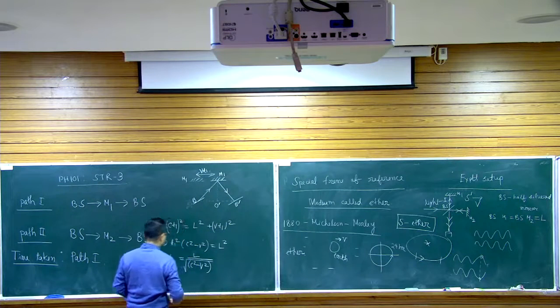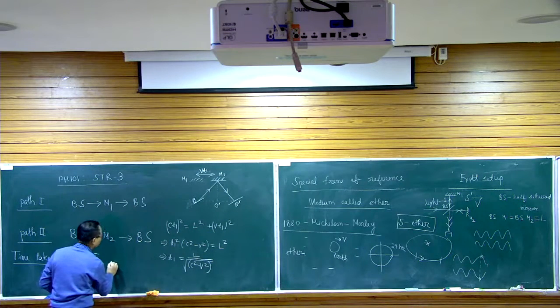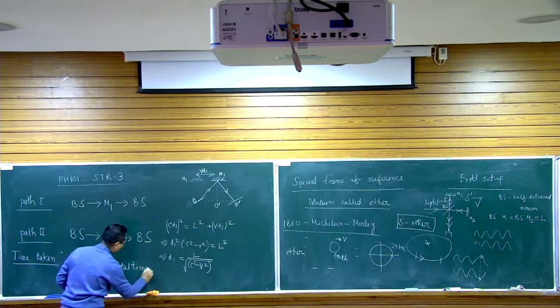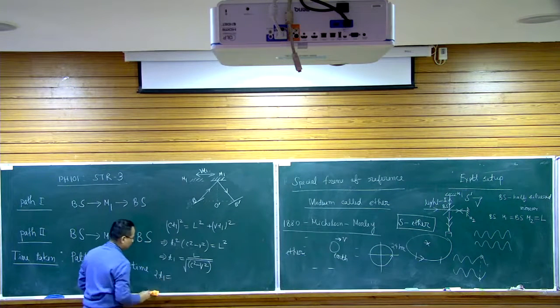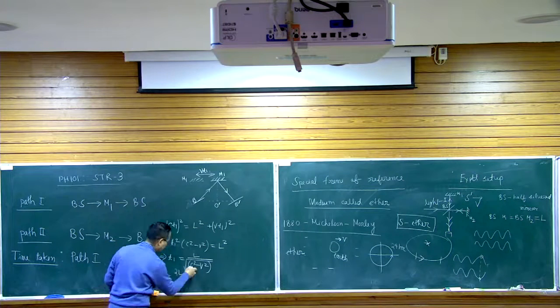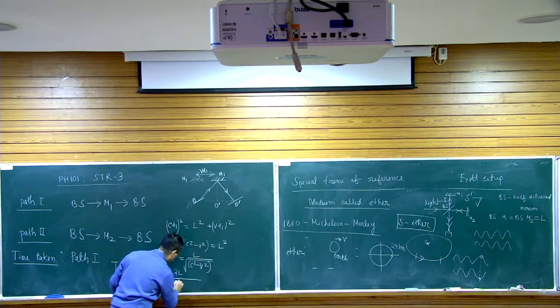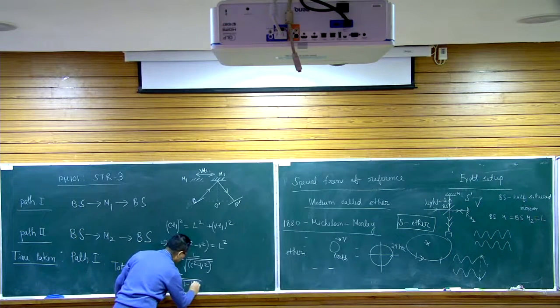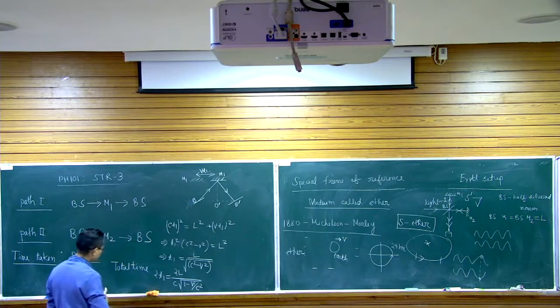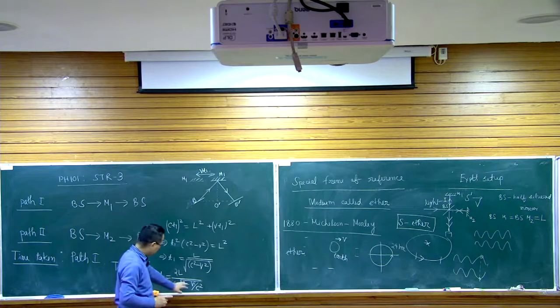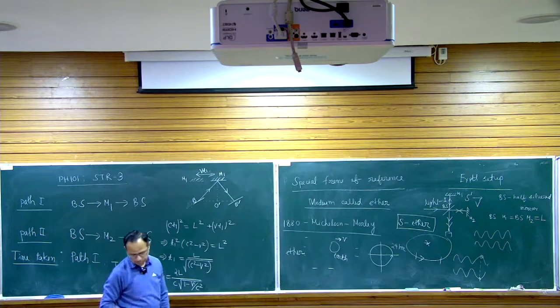So the total time along path 1 is equal to twice T1, equal to twice L. I can take C common, so C comes out of the square root: twice L upon C square root 1 minus V square by C square.